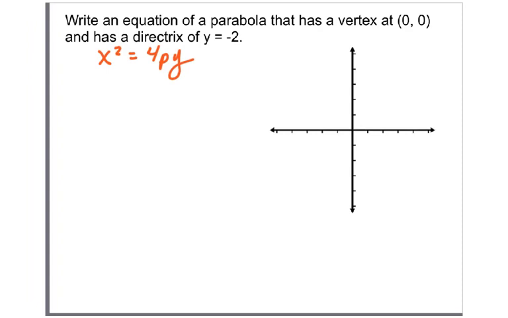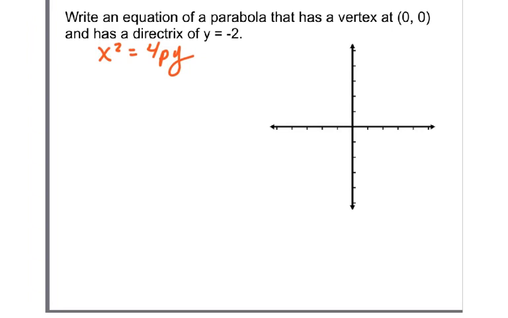We know that our directrix, at least for the horizontal ones, is going to be y equals k minus p. And in this case, they're saying y equals negative 2. Our k value is, again, our vertex k value, which in this case is 0.